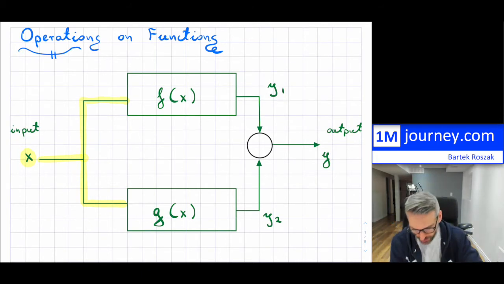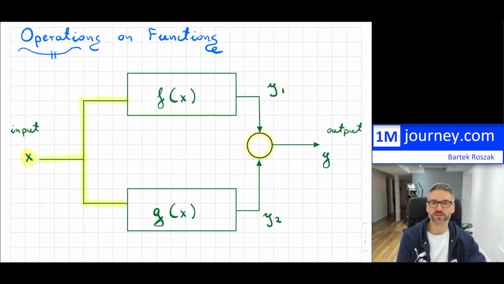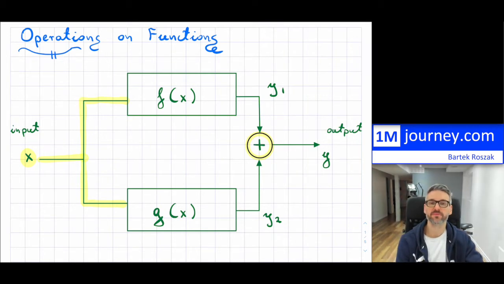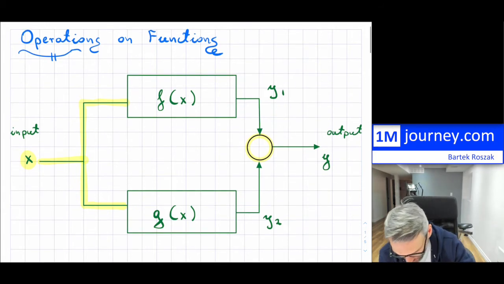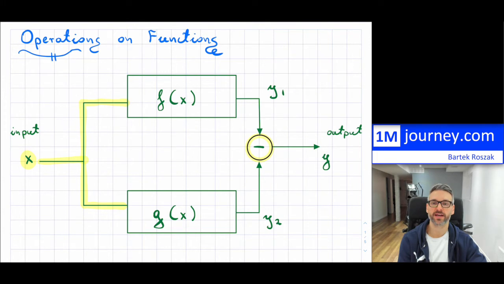And notice what I put in here is a circle, and this is going to be the operation that we have on these particular functions. So the operation that I can put in here, I can say, well, what if I wanted to add these two functions together? And I can certainly do that. Well, what if I don't want to add them? What if I subtract one function from another? So let's say f of x minus g of x.